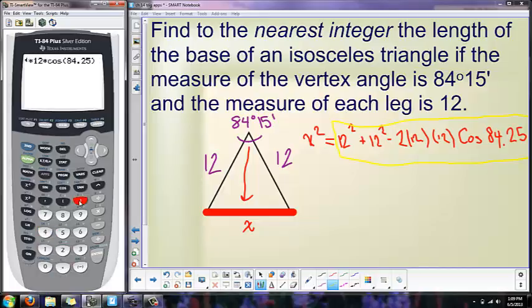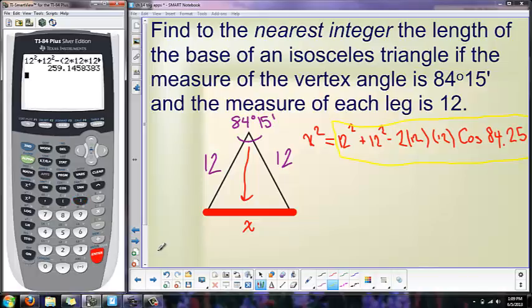Close those parentheses. Right there is where you would type in 84, go back to the angle menu, punch in degree, and then type in 15, go back to the angle menu and hit the minute button. And that's the reason why I like to convert it to degrees, just because I think it's easier.